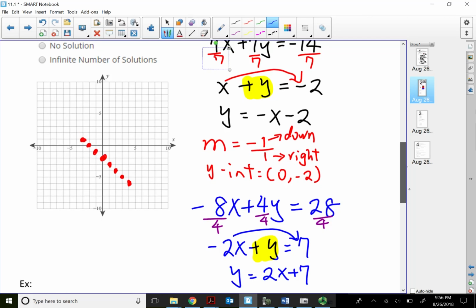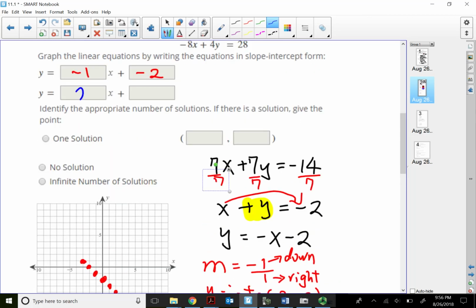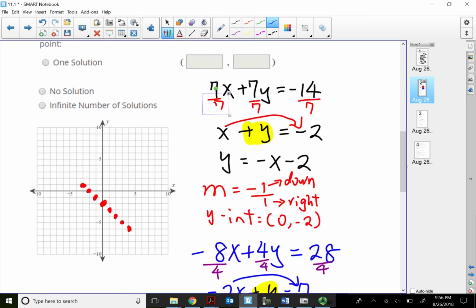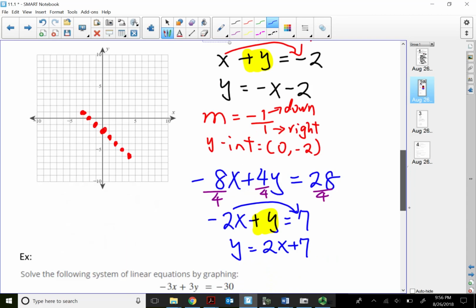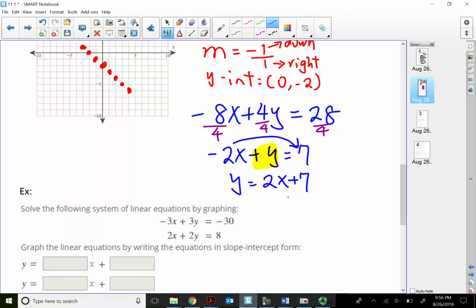In the second line, 2x plus 7, that's what I key in, and the computer should draw the line for you. But here, let me do this real quick by hand. My slope m is 2. 2 means 2 over 1. That means I will need to go up 2 to the right 1 from my y-intercept.